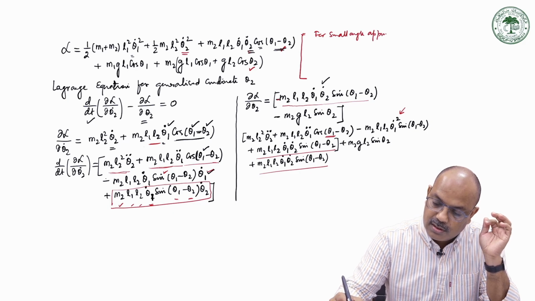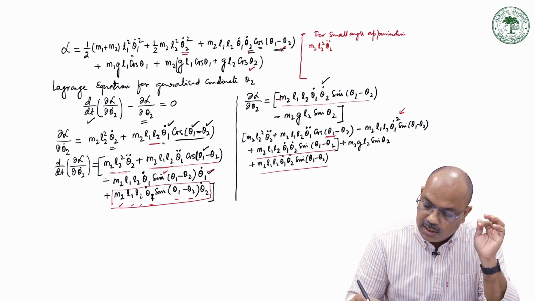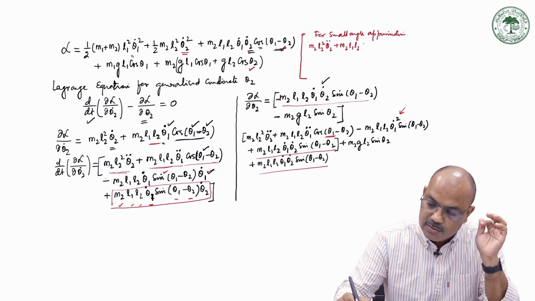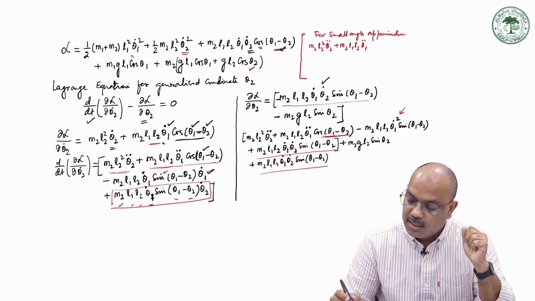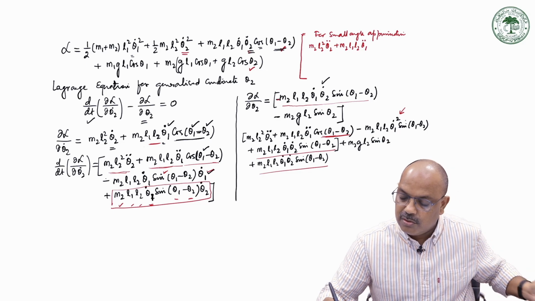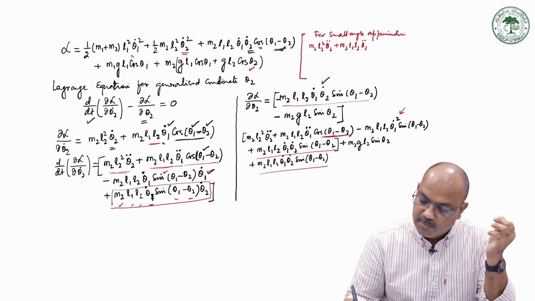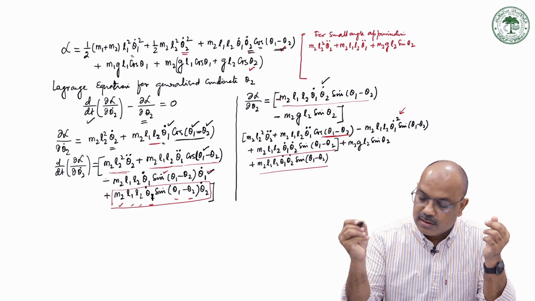So for a small angle approximation, if you do this, this becomes m2 L2 square theta 2 double dot, and then m2 L1 L2 theta 1 double dot, cos theta is 1, and then this is not going to contribute because of the small theta 1 dot square. And then I have m2 g L2 sin theta 2 plus m2 g L2 sin theta 2.